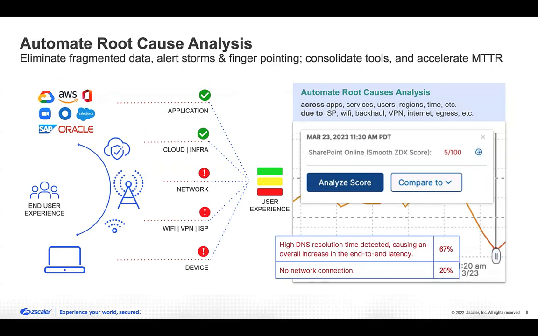So when you have ZDX, every portal does have the ability to run these machine learning capabilities from the portal itself. So we use machine learning to accurately expose the root cause by looking at information for a given user, what kind of context the user has.